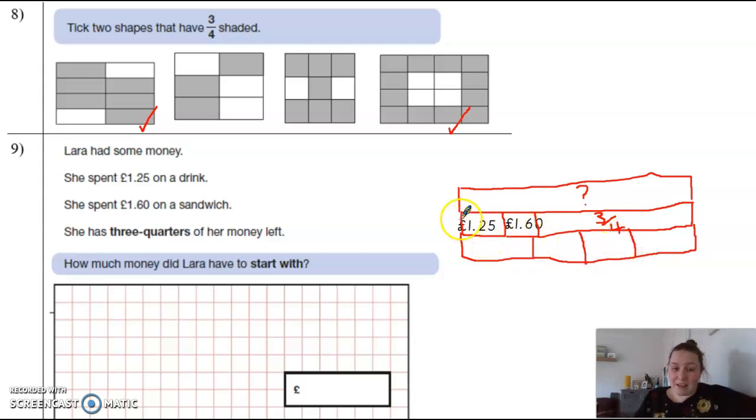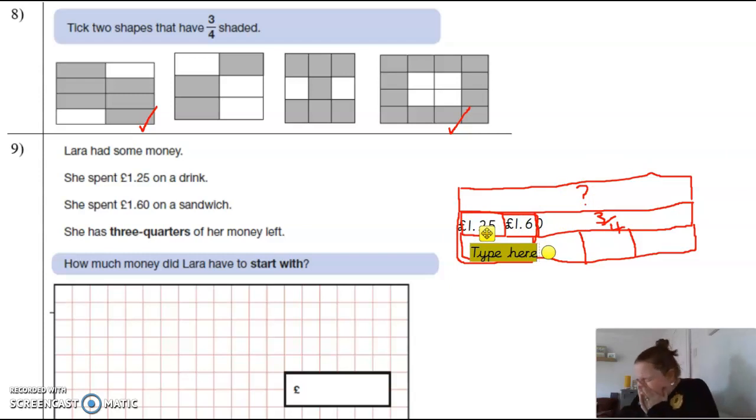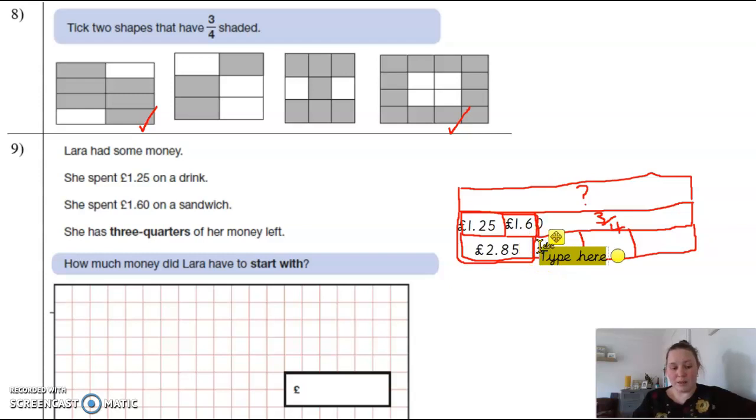So this quarter here is the 125 and the 160 added together. If I add 125 and 160, I'm going to get £2.85. Now, £2.85 is that 1/4. If that quarter's worth £2.85, then all of these quarters are worth £2.85.